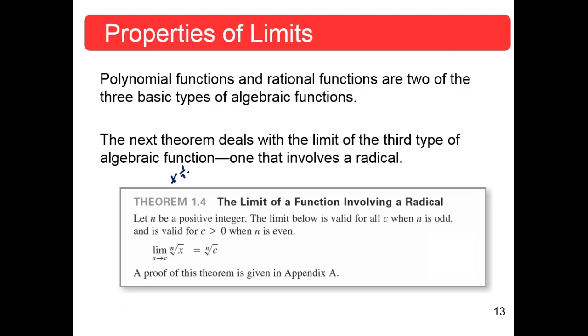They say c greater than 0 when n is even. It could be 0 when n is even, but we'll leave it greater than. But if n is odd, c could be any value in the world. A proof of this theorem is given in Appendix A. I know you want to get back there and see it.